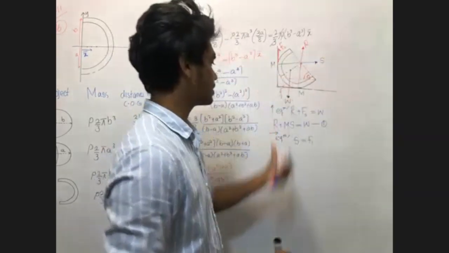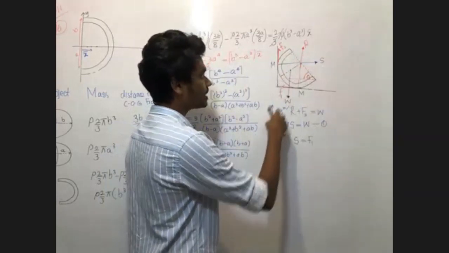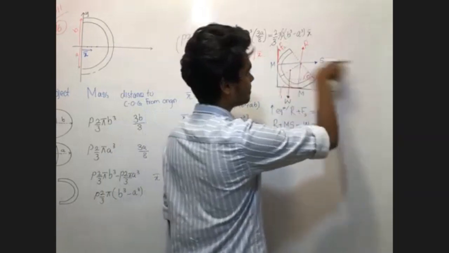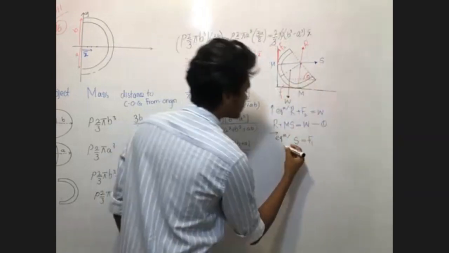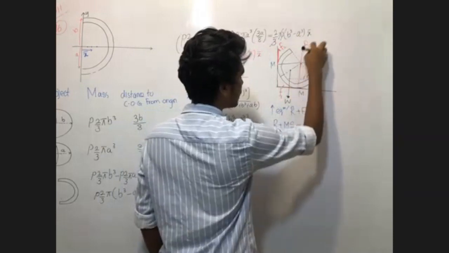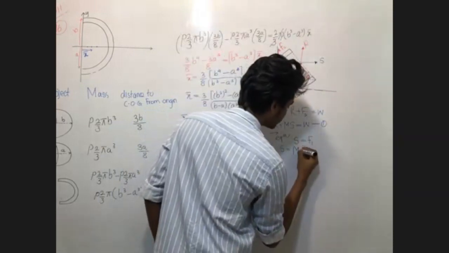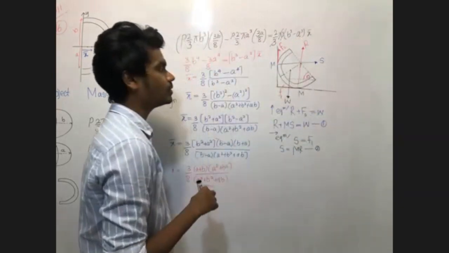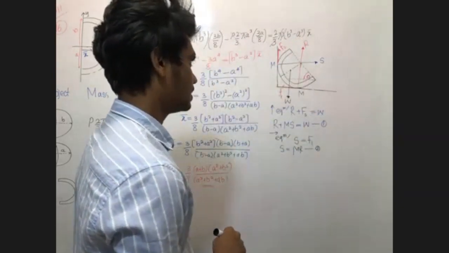S is equal to F1. What is F1? F1 is mu into R.